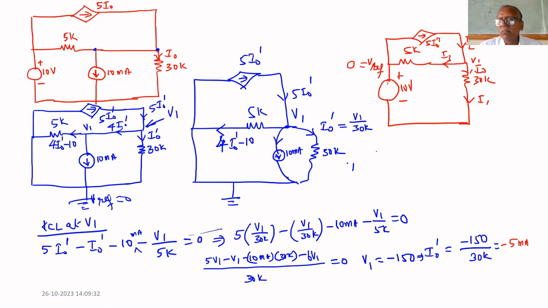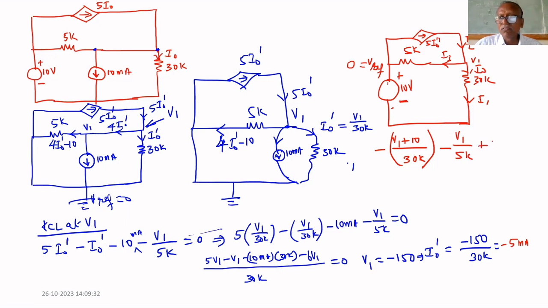Therefore, I1 is outgoing: minus V1 plus 10. Why? The negative terminal is on this side. That's why if you come here, it will be minus 10. So V1 minus of minus 10, that's why plus 10, V1 plus 10 divided by 30K. Why overall minus? Because it is outgoing current. Minus 6 V1. What is the current through this? V1 divided by 5K, that is also outgoing current.